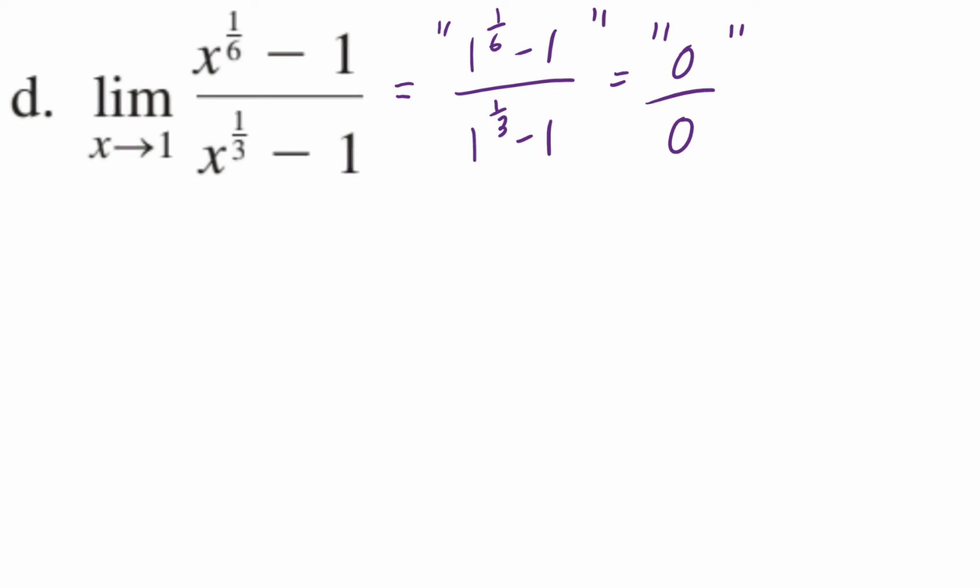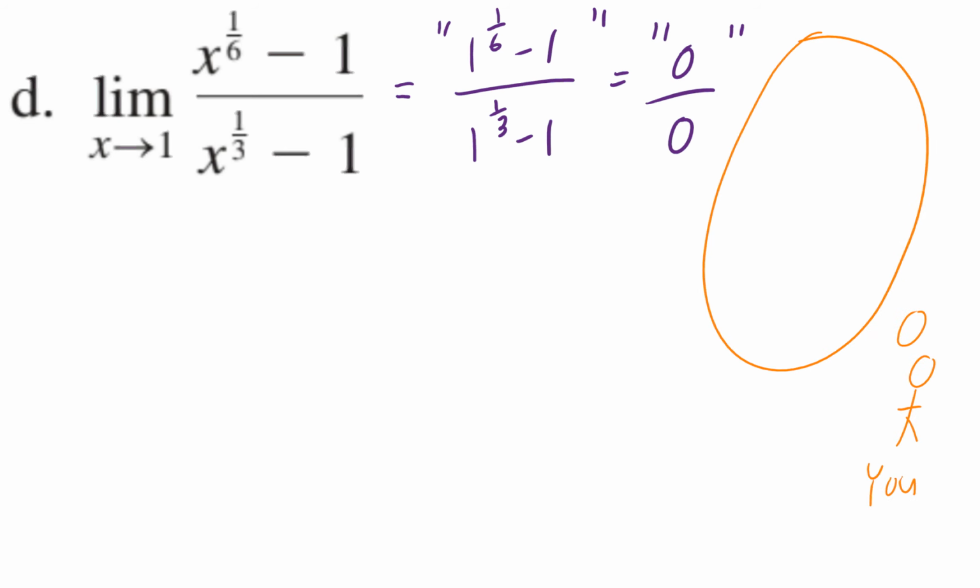So when you see something like this, you have to move on to steps 2 and 3, which could be factoring, multiplying by the conjugate, or difference of cubes. It all depends on the function. I just want to give you a refresher on some of the exponent laws and the difference of squares. Number one, remember a squared minus b squared equals a minus b times a plus b, something that we're going to apply in a moment.